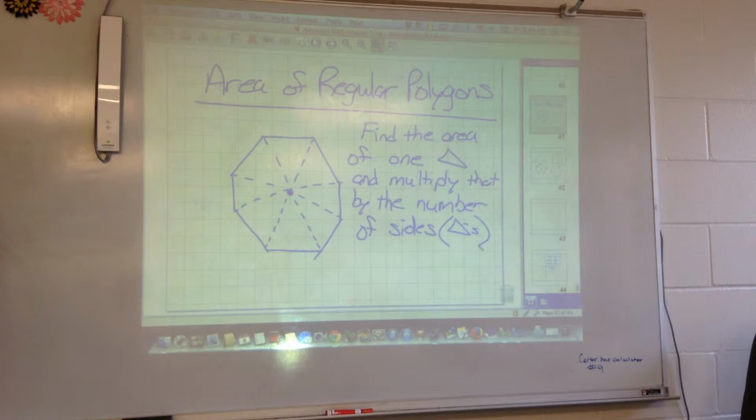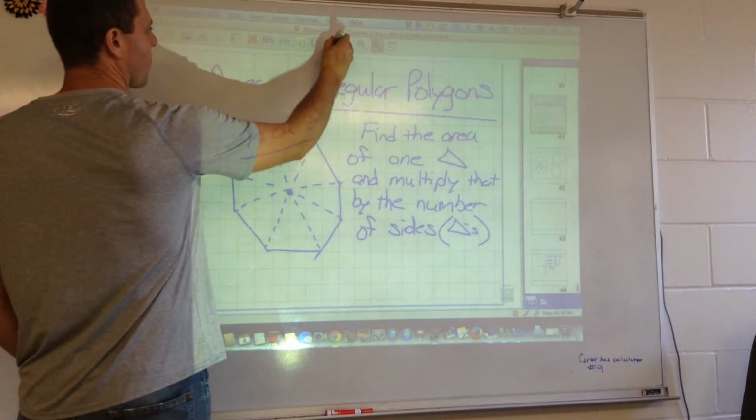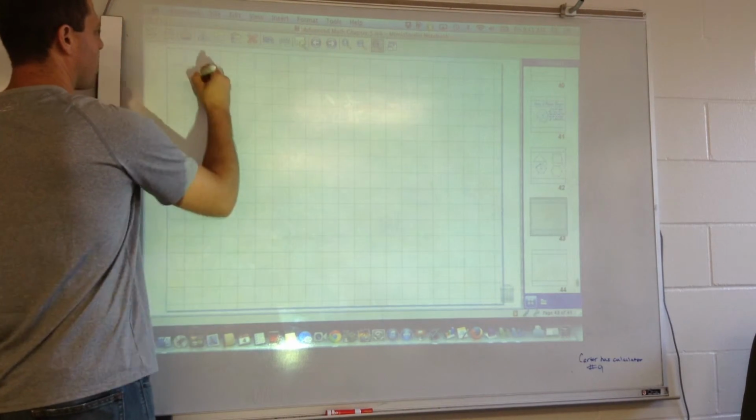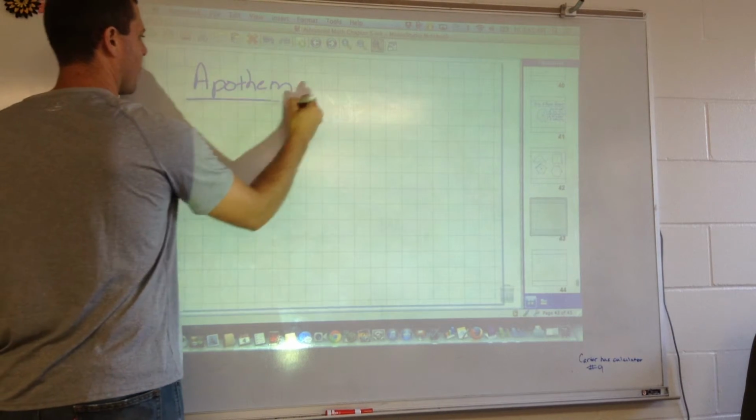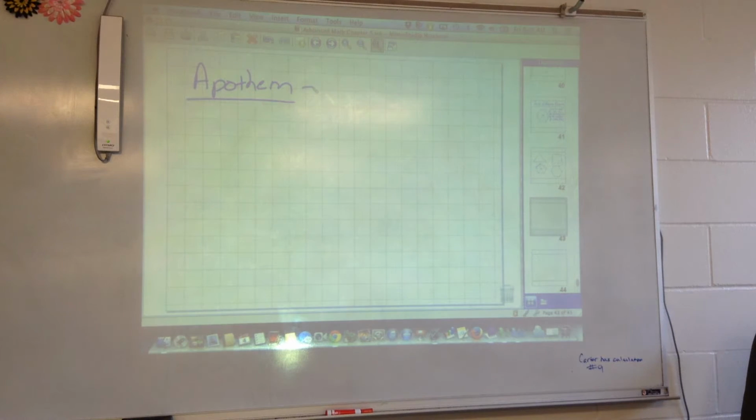I got a vocabulary word, and then we'll go ahead and do an example. I had never used this vocabulary word until I started teaching geometry after college.